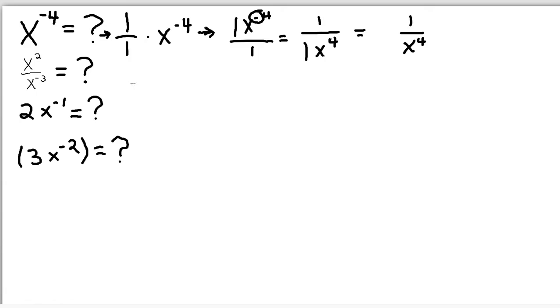So in this case, we're going to have x squared and then we're going to have that being multiplied by 1 over x to the negative 3.